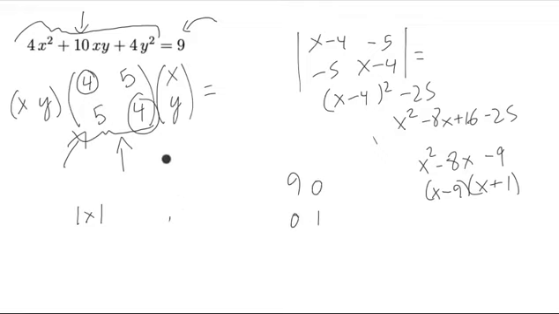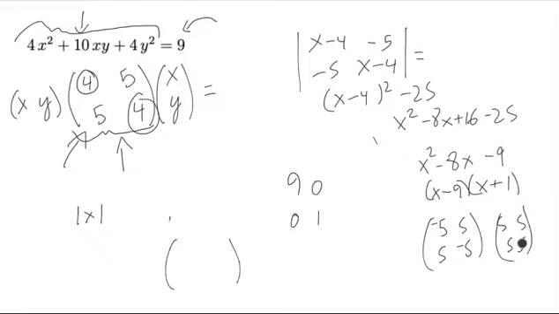Then for the matrix that diagonalizes, we need to get some eigenvectors. For x minus 9, we think of the matrix minus 9, which gives down the diagonal minus 5, minus 5, 5, 5. For x plus 1, you add 1 down the diagonal and get 5, 5, 5, 5.